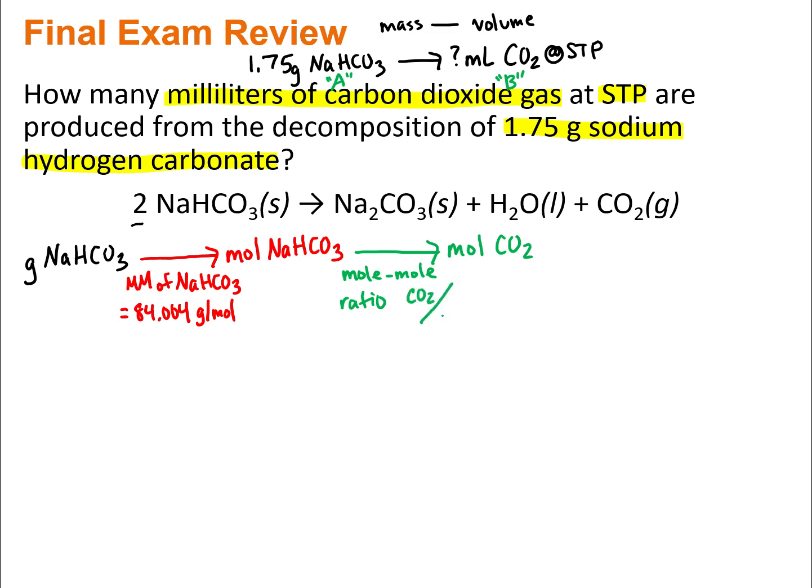A is the one we've got some information on. So when we write that mole-mole ratio, it'll have the moles of carbon dioxide on the top from the chemical equation and the moles of sodium hydrogen carbonate on the bottom. Then we need to get to volume, which means molar volume at STP.